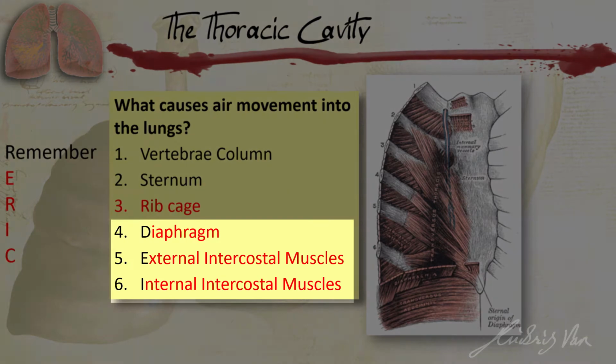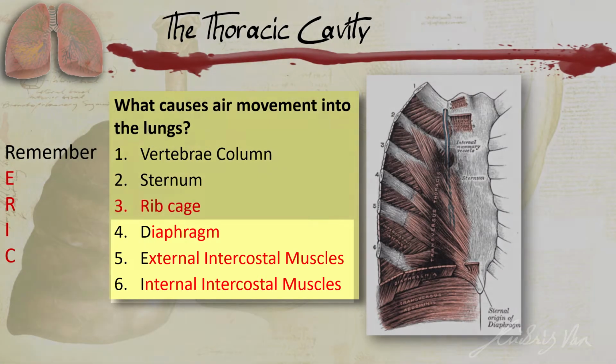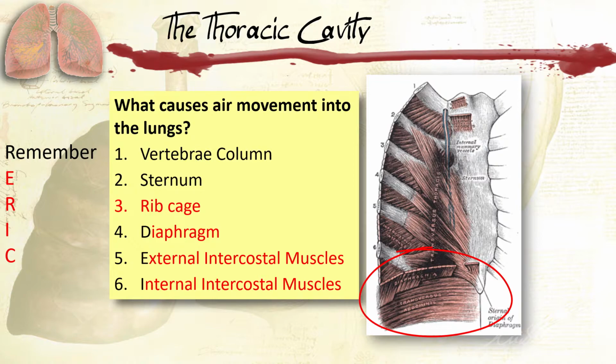You might not understand what ERIC is, but at least you should be able to see what DEI stands for. Why DEI, you might ask? Because you do not want to die. If you spell it as DIE, you will die. So spell it as DEI. Diaphragm, external intercostal muscle, and internal intercostal muscle. Diaphragm is the muscle underneath your lung.